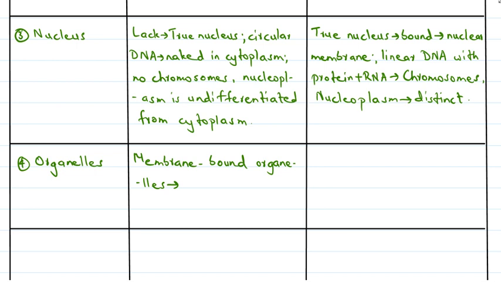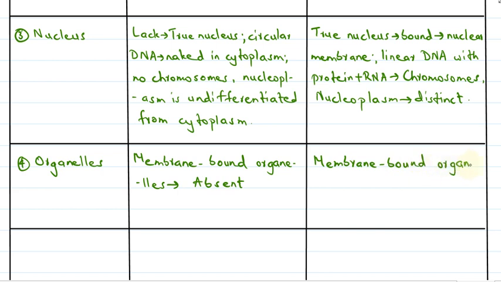All these are membrane bound organelles, and such membrane bound organelles are absent in case of prokaryotic cells, whereas in case of eukaryotic cells the membrane bound organelles like we just now discussed, that is Golgi bodies, plastids, mitochondria, endoplasmic reticulum, etc. All these membrane bound organelles are present in case of eukaryotes or eukaryotic cell.